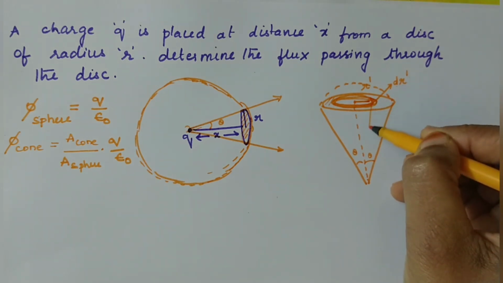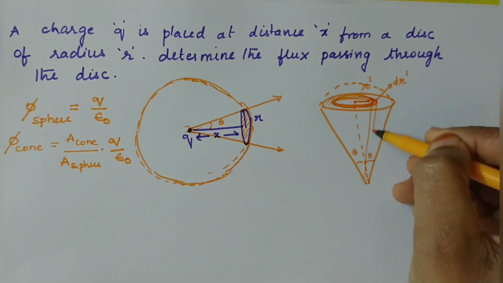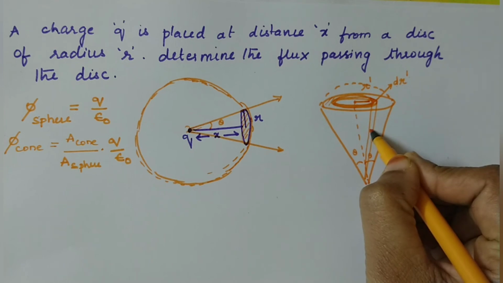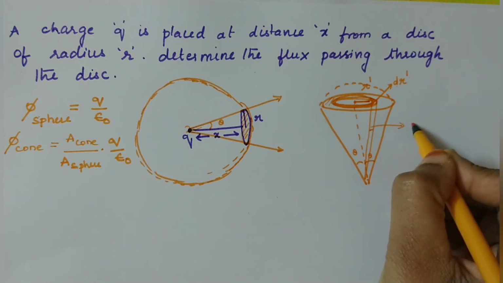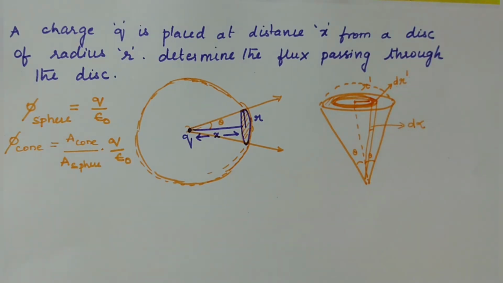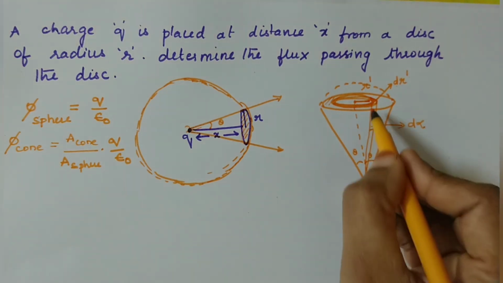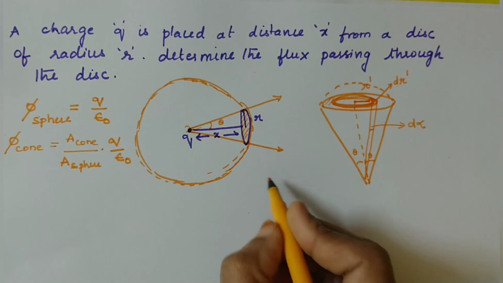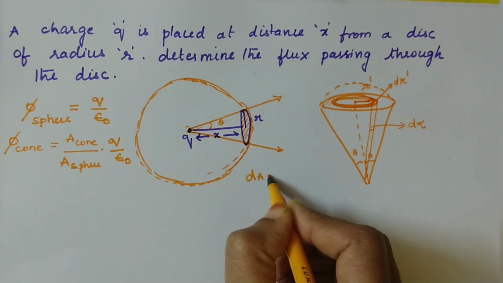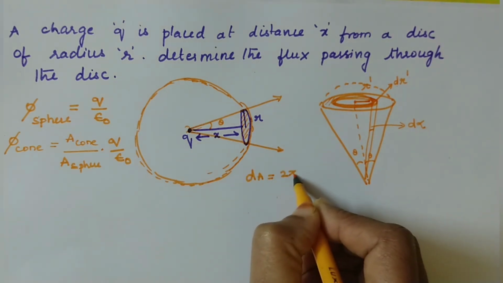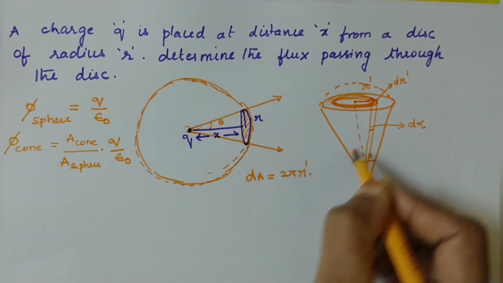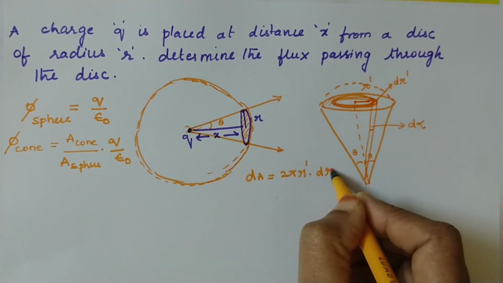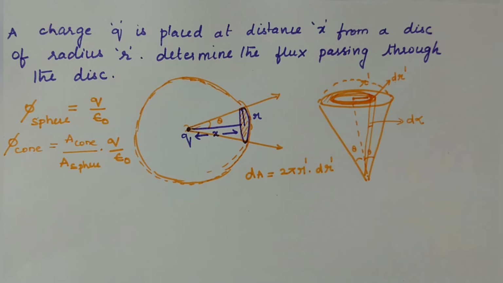Now this small surface is subtending a small angle. This angle I'll call d alpha. Okay, now I will write the area of this small circular disc, what I have imagined. dA is equal to circumference 2 pi r dash into its thickness, that is dr dash.